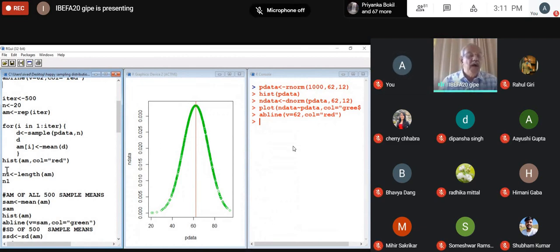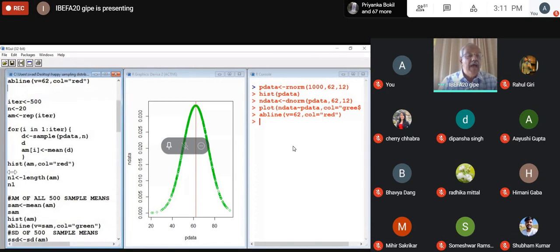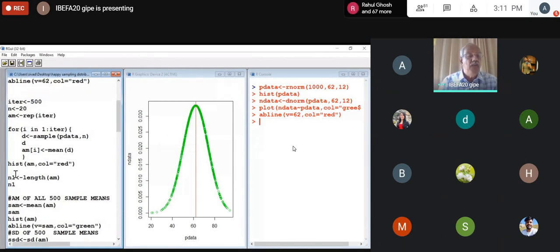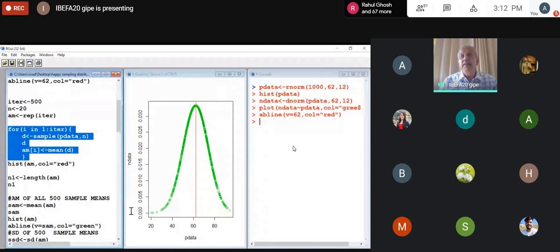Okay. So, in this loop, 500 times the loop will work. And finally, I will plot my histogram for the arithmetic mean.